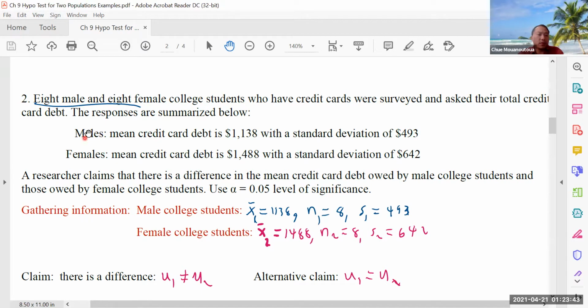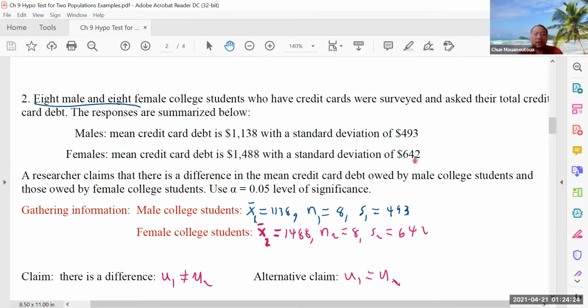For the males, the mean credit card debt is 1,138 with a standard deviation of $493. For the females, the mean credit card debt is 1,488, yes, it is 1,488, with a standard deviation of 642.